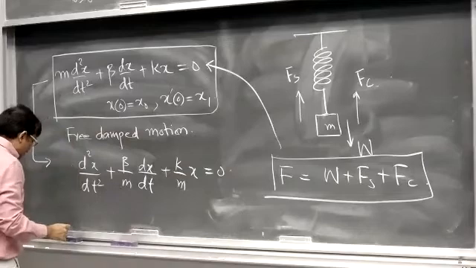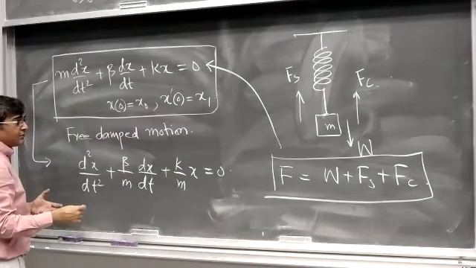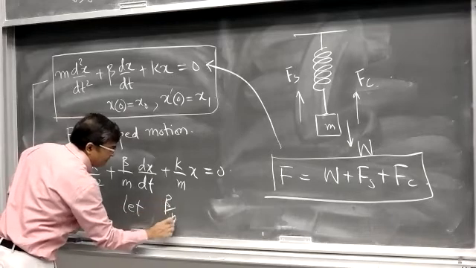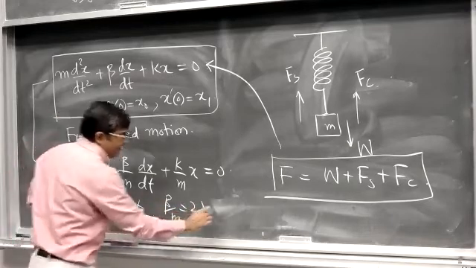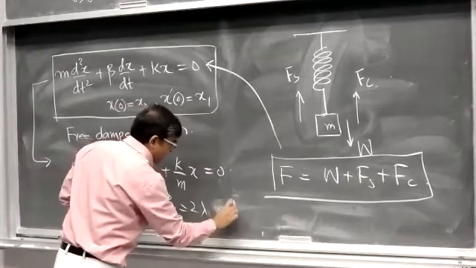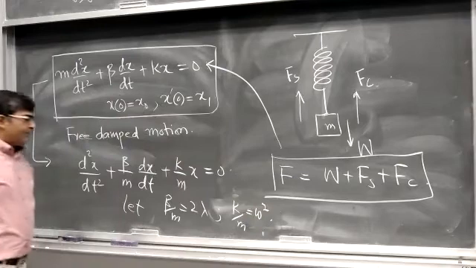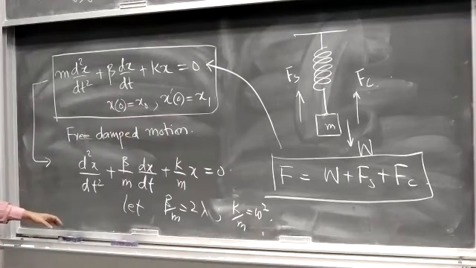Now, in order to simplify our calculations, we assume that beta by m is equal to 2 lambda, and k by m, as we assumed already, is omega square, just to simplify our calculations. Okay.